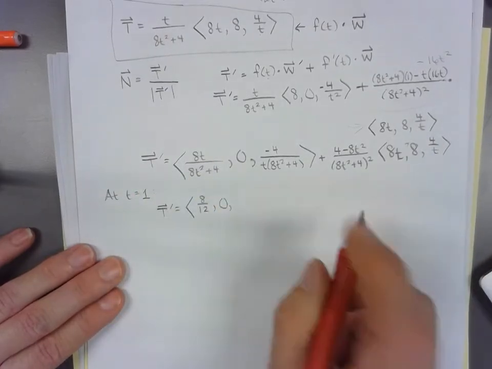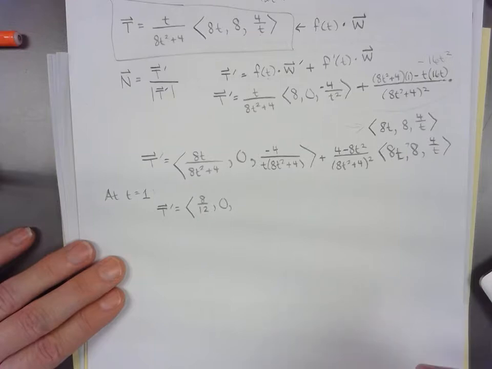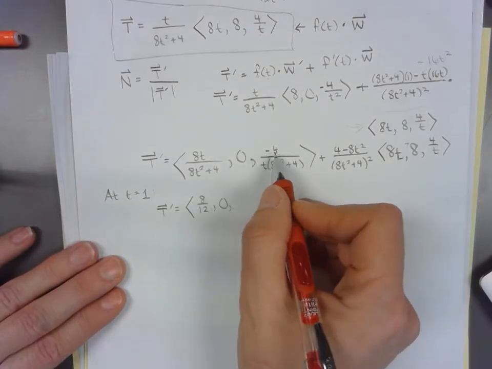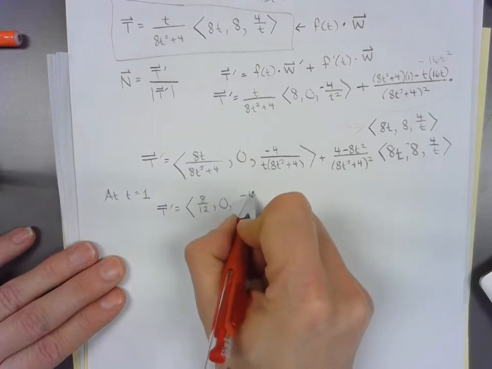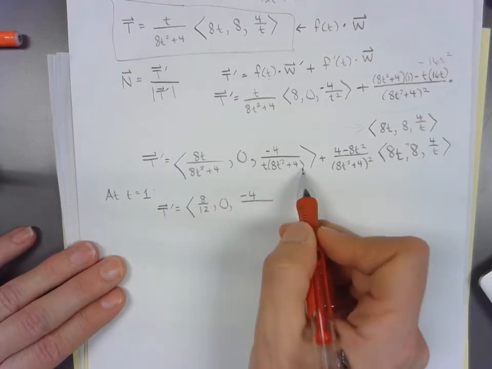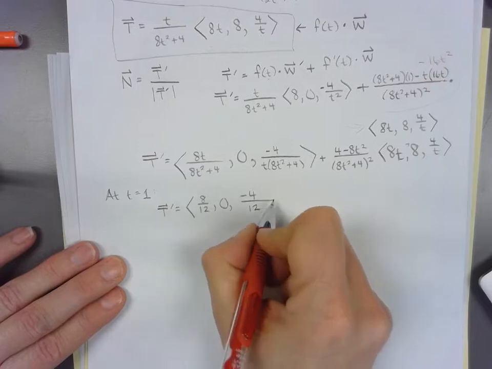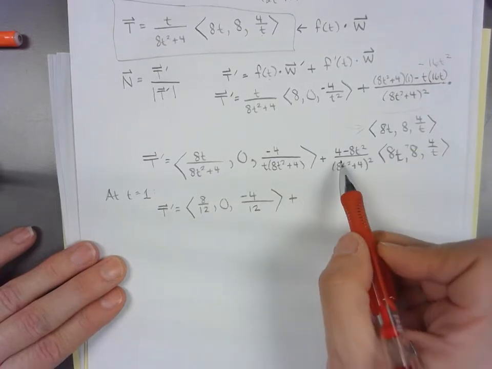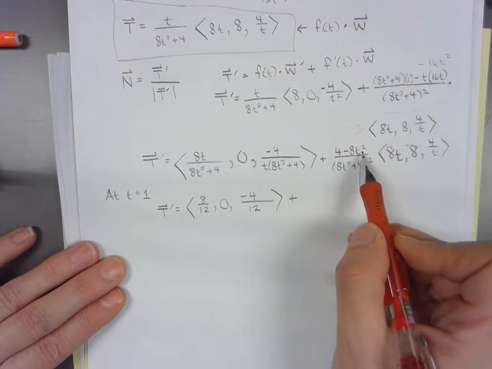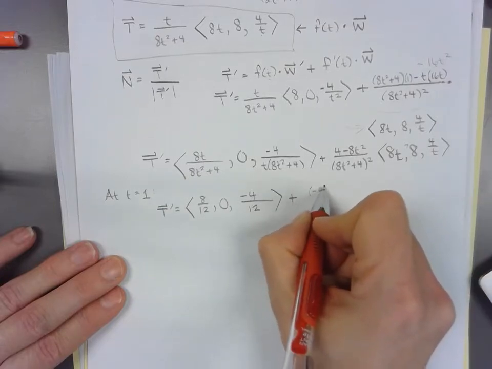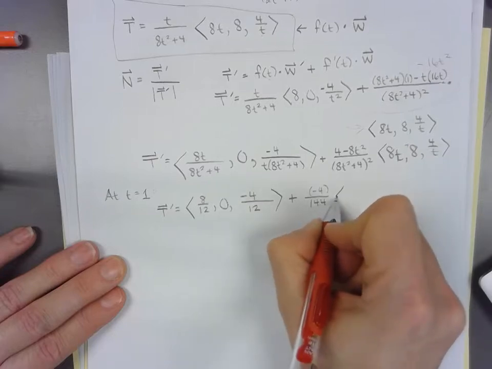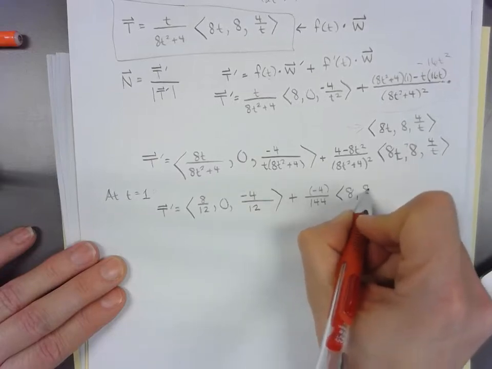I wouldn't have you do that. But if it was all numbers, I expect you to be able to do it. Okay, and so then here, if t is 1, I'd have negative 4 over 1 times 12, which is 12. And then if t is 1, I'd have negative 4 over 12 squared, 144, times 8, 8, 4.